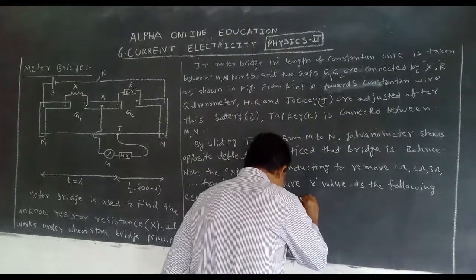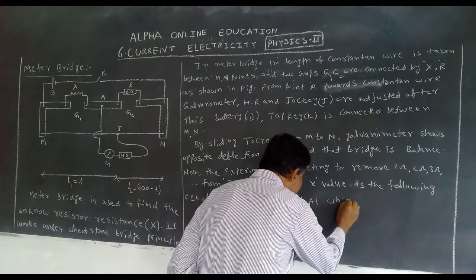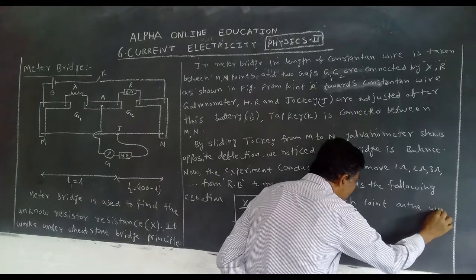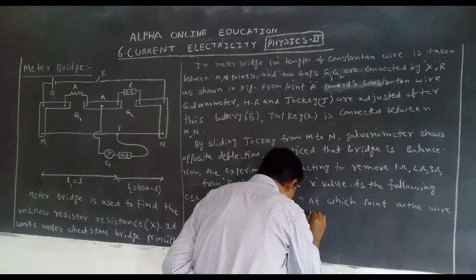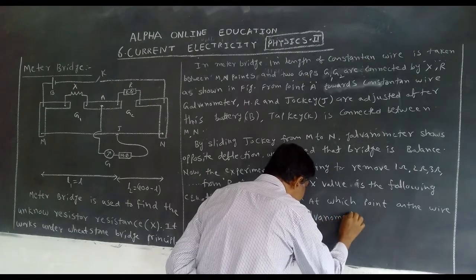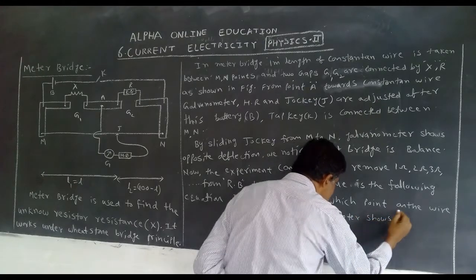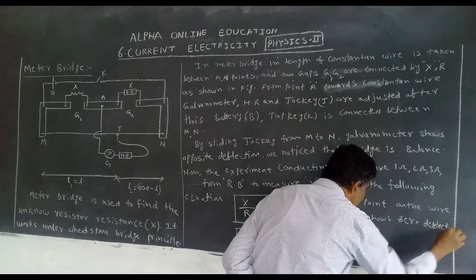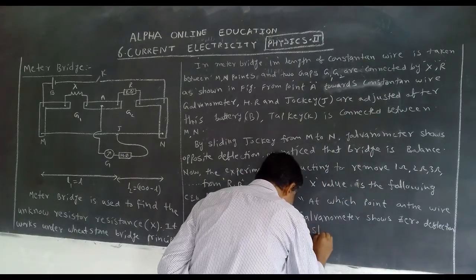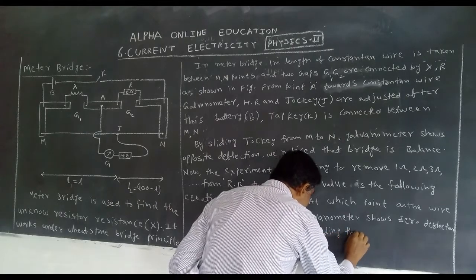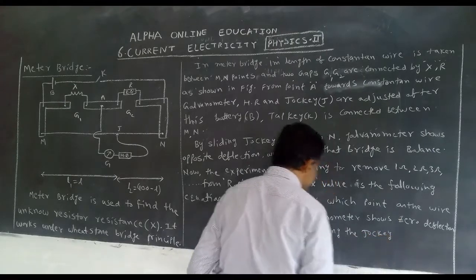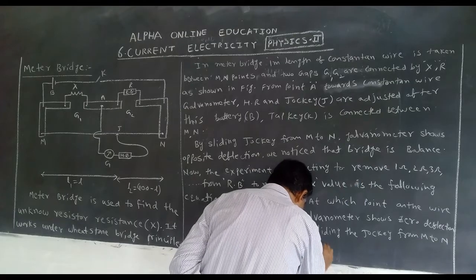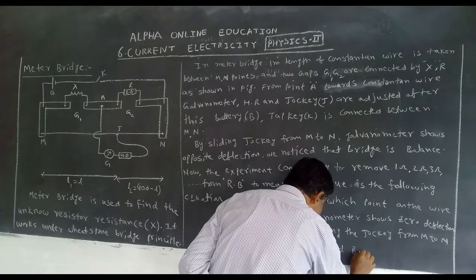Now I am writing the balancing length. The point on the wire at which the galvanometer shows zero deflection by sliding the jockey from M to N is called the balancing point.